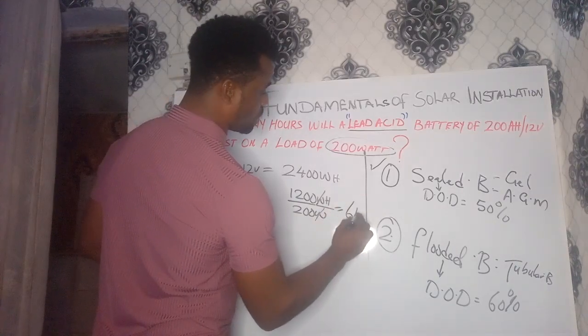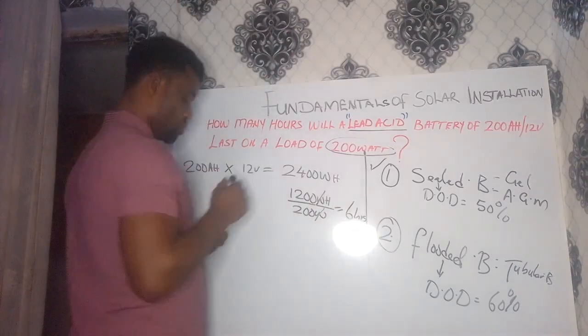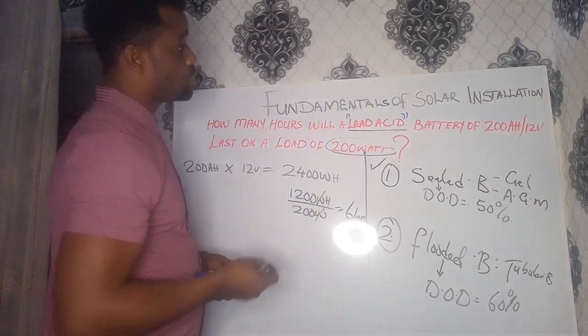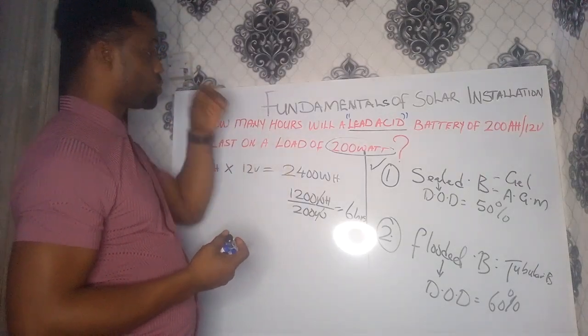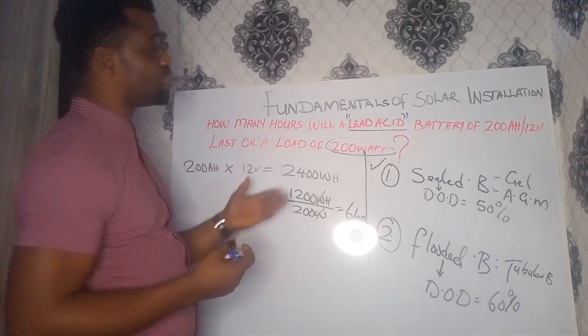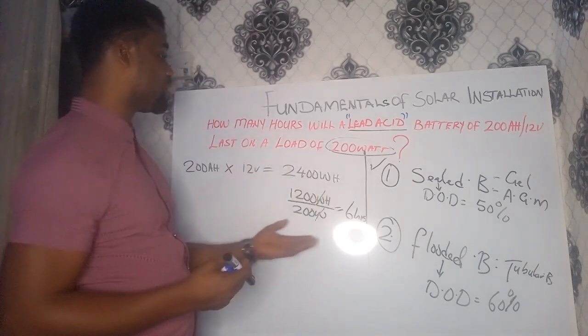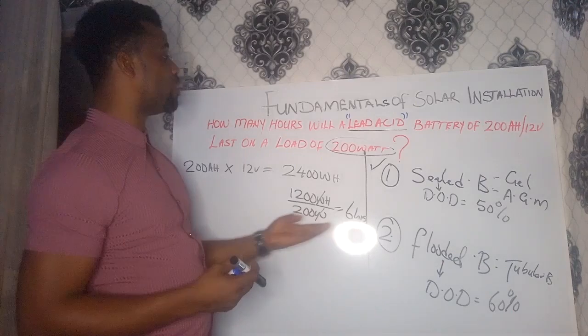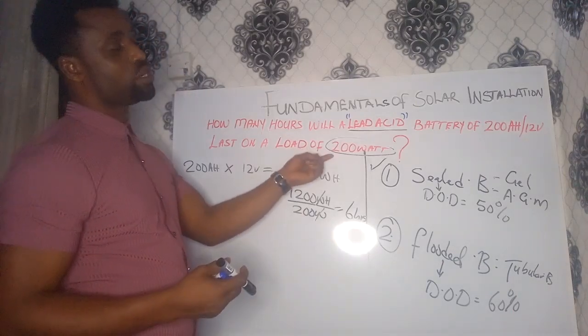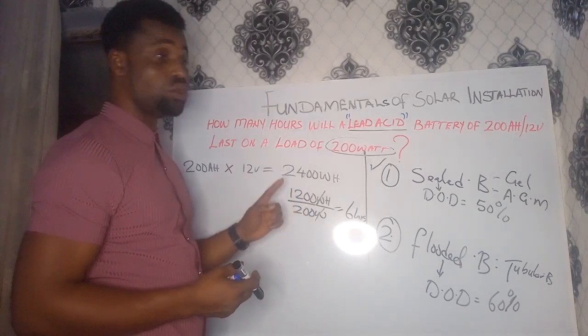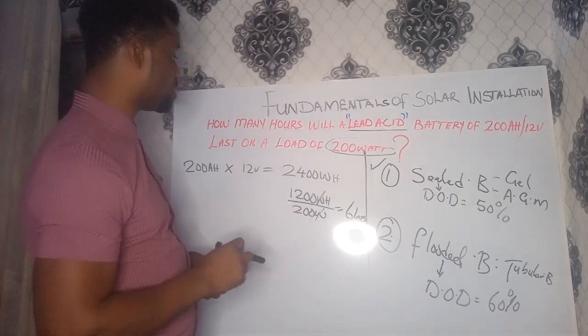So you have 6 hours. So our 12 volts 200 amps hour sealed battery will give us 6 hours on 200 watts of load. Take cognizance of that.